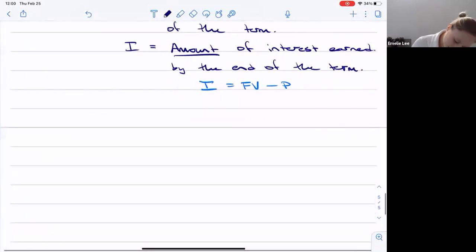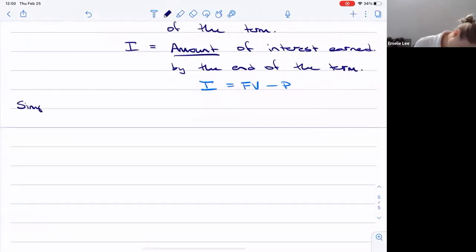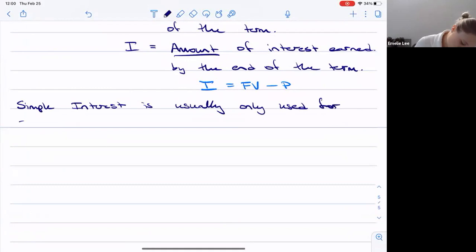Simple interest is usually only used for short-term investments. Or loans, maybe loans.